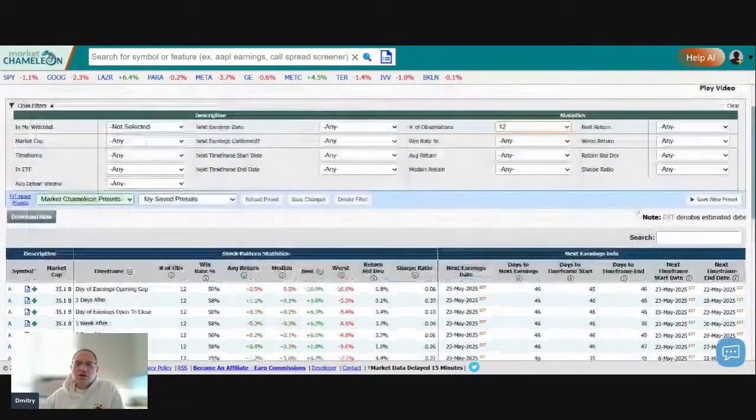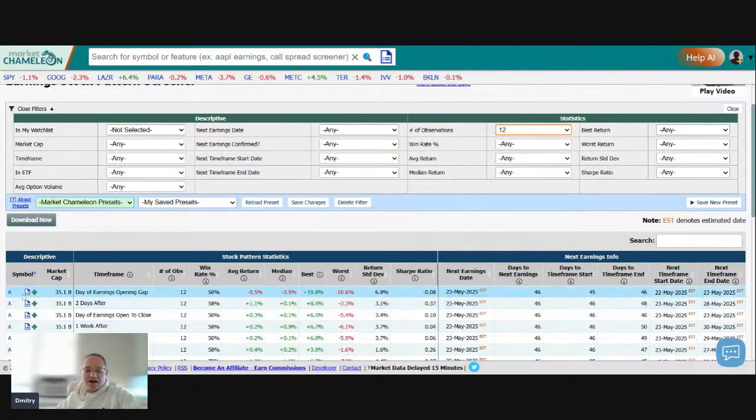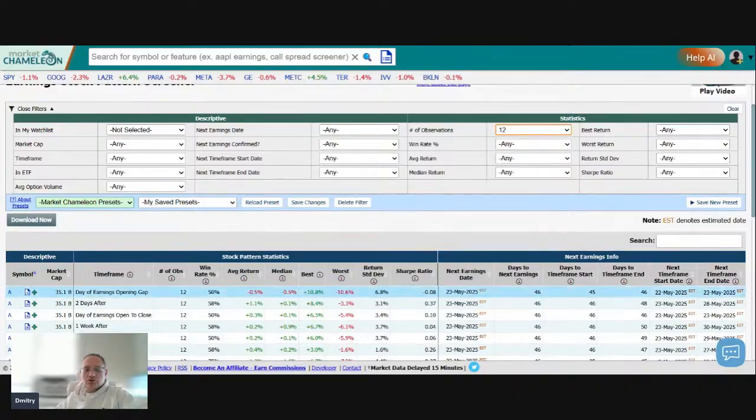This looks at just the stock behavior around earnings. This isn't looking at options. Up here we have different filters, and then we have the table with the analytics and statistics below.